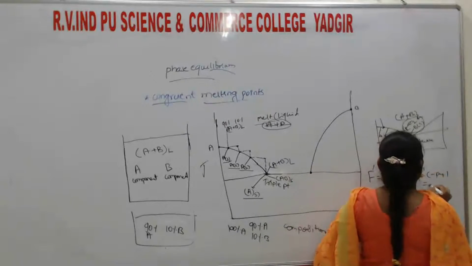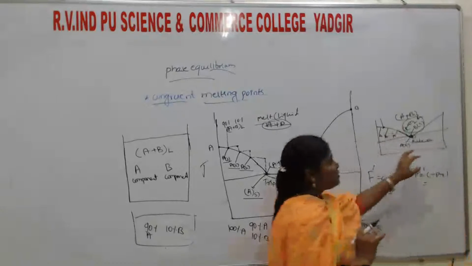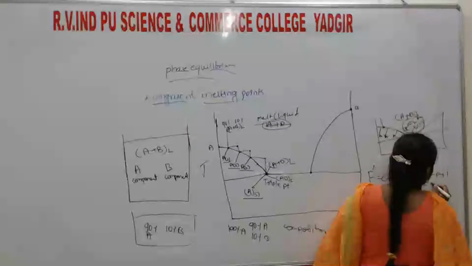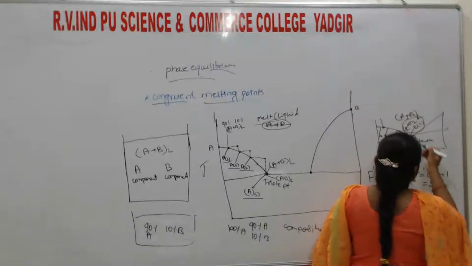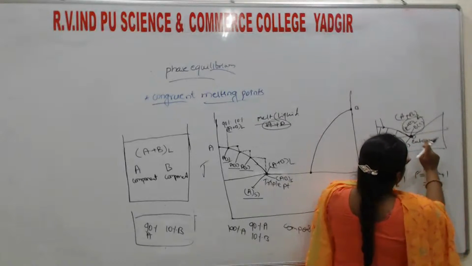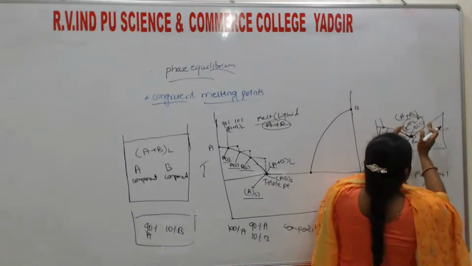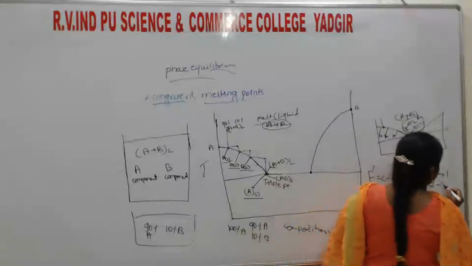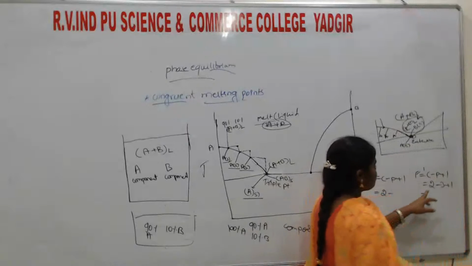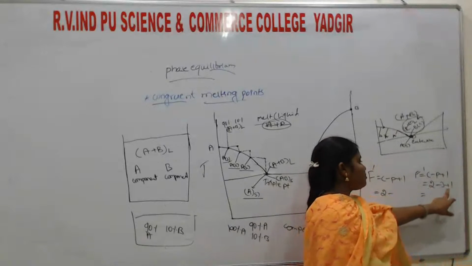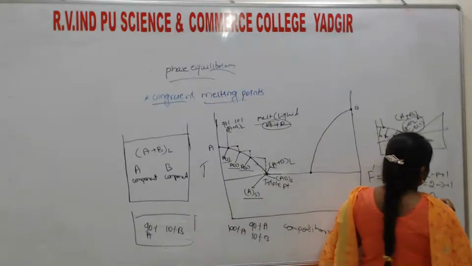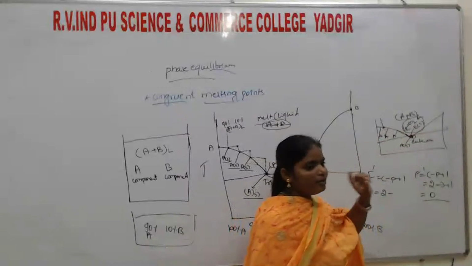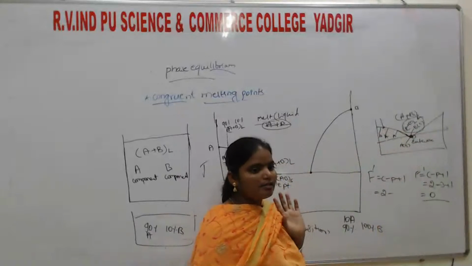According to this stated point, this is also non-variant in nature. Here components are two and phases are three: one is A solid, another is B solid, and another is A plus B liquid. So F = 2 minus 3 plus 1, which is 0. This is non-variant in nature at the eutectic point, as in the two component lead silver system.